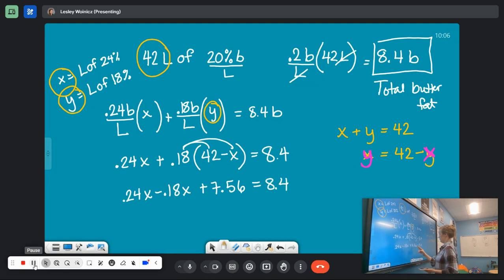And now we just subtract away the 7.56. 8.4 minus 7.56, I get 0.84.